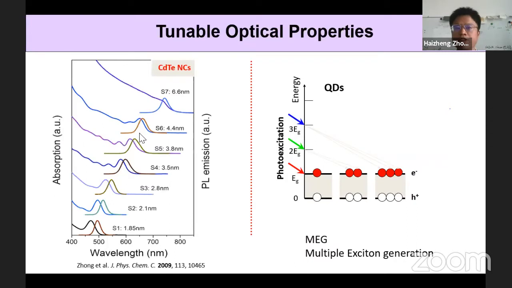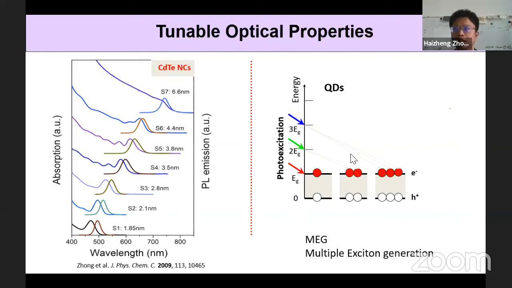Because of the quantum confined effects, with size tuning, the optical properties can be varied by controlling the size. For example, for these cadmium telluride nanocrystals, by varying the size from 1.8 nanometers to 6.6 nanometers, the absorption band and also the PL emissions can be tuned from blue to near infrared.